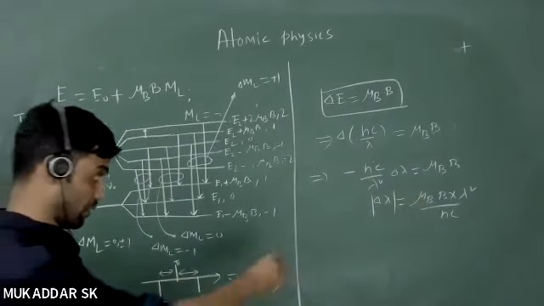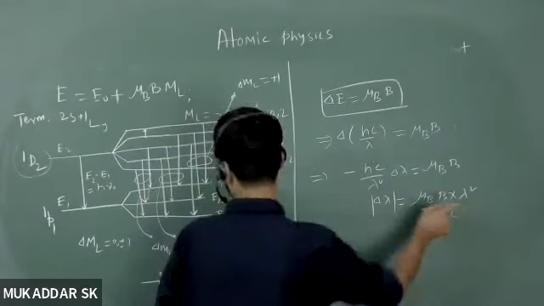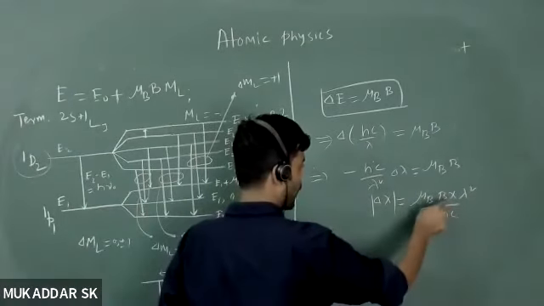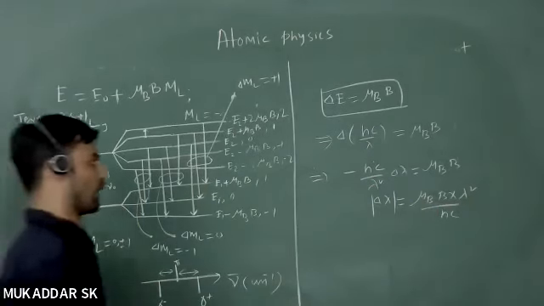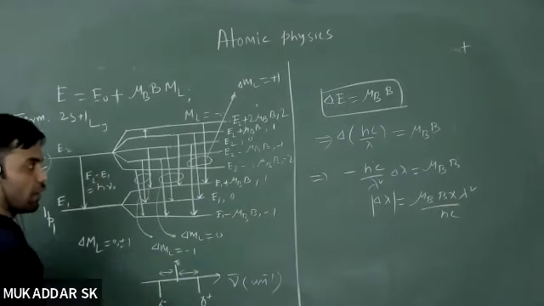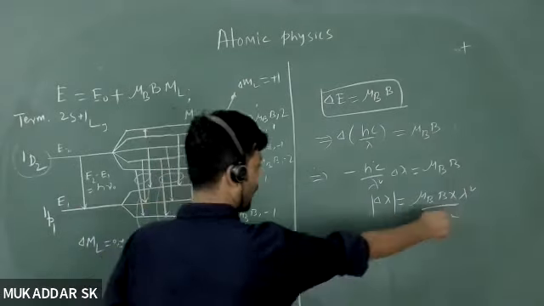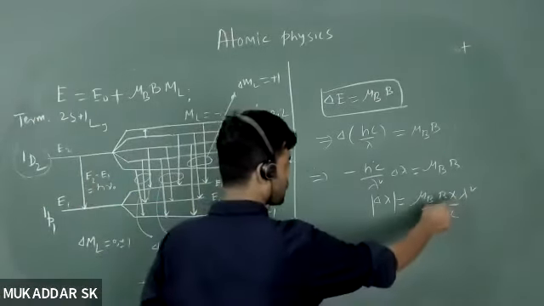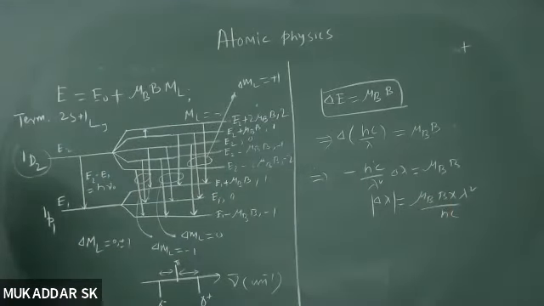This formula is important because they will give you the lambda corresponding to this transition. They will provide you the magnetic field for the Zeeman effect, and they will ask what the separation between 2 components will be. Or they may provide you the delta lambda value, with the lambda corresponding to it, and ask how much minimum field is needed to get that Zeeman effect.